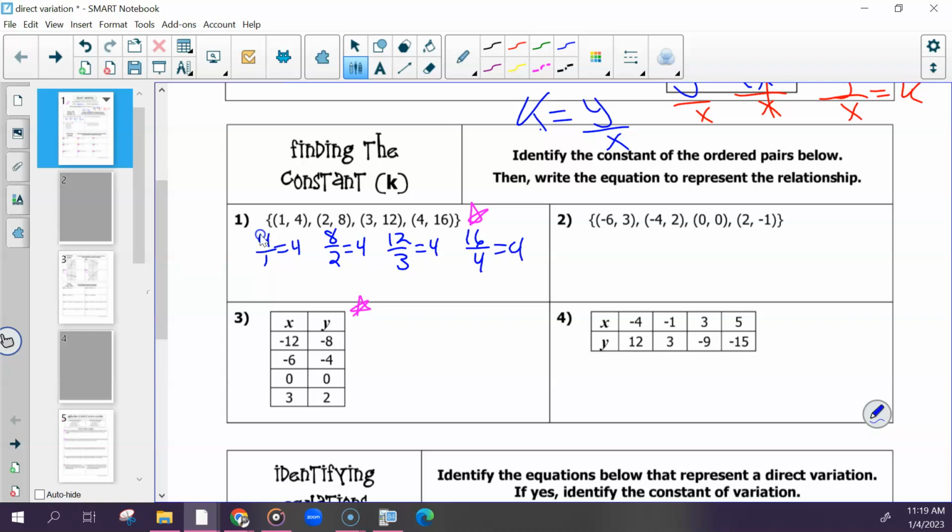So because it's the same, we can say that our k value is 4. And then because we have a k value, we can write our equation. Y equals 4x. Questions about that so far?